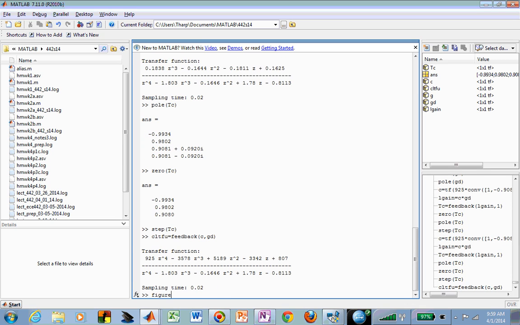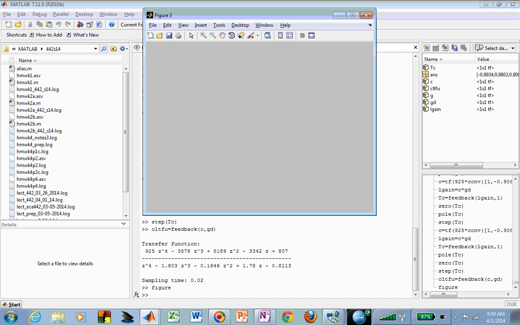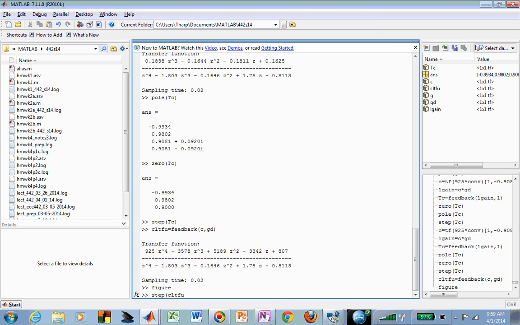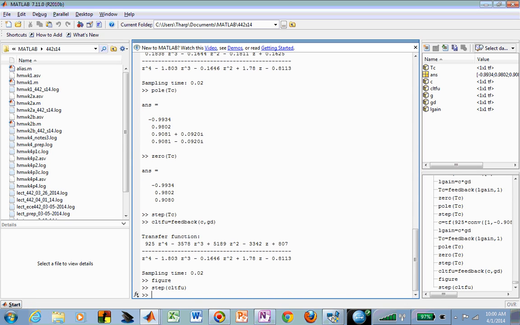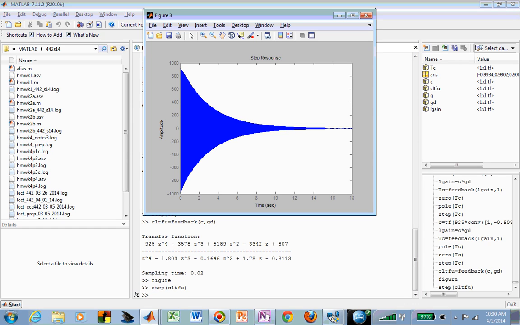If I now create a new figure and look at the step response of the closed loop transfer function for U, now we end up with something that we had seen in class last time, and ooh, that does not look very nice, does it?